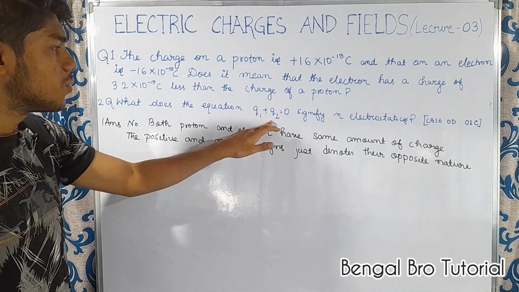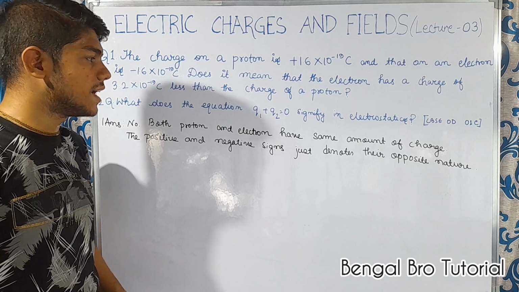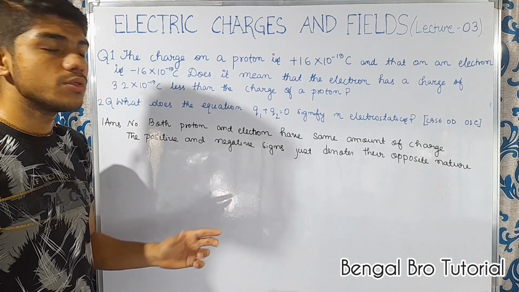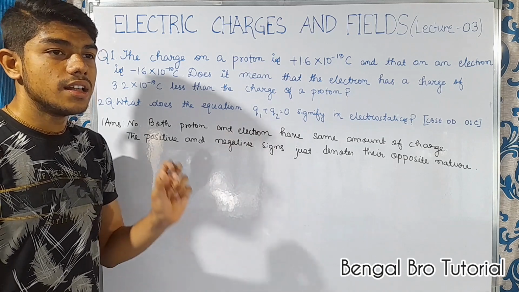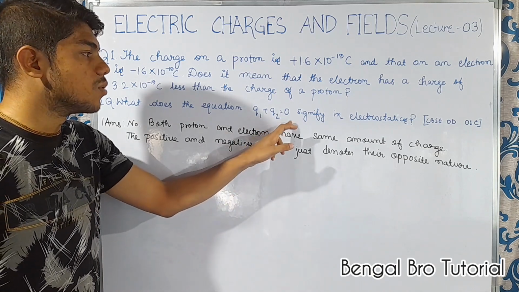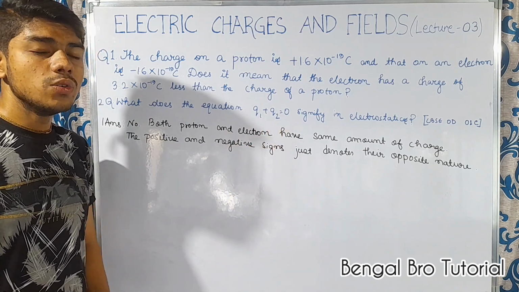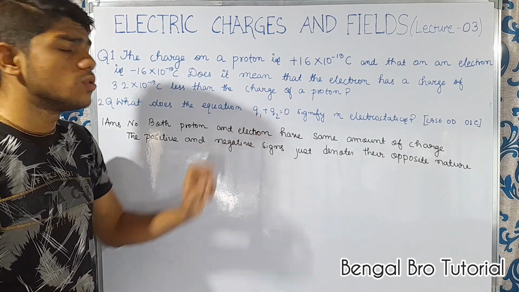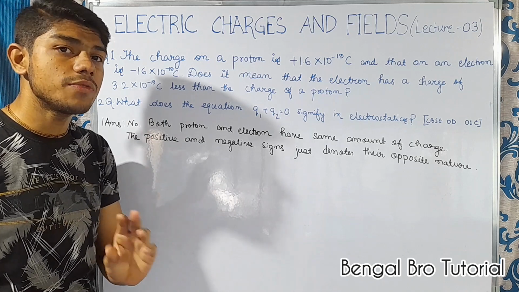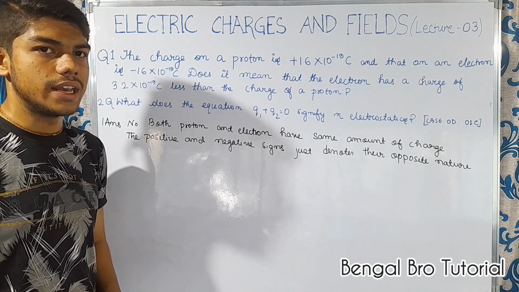Now, if you look at the equation, obviously we can understand that the system is constituted of two charges Q1 and Q2 such that their algebraic sum is equal to 0. Now, this is only possible if Q1 and Q2 have the same magnitude of charge with opposite sign.